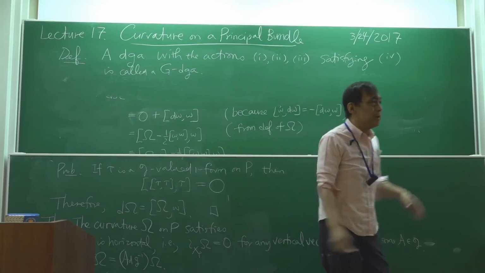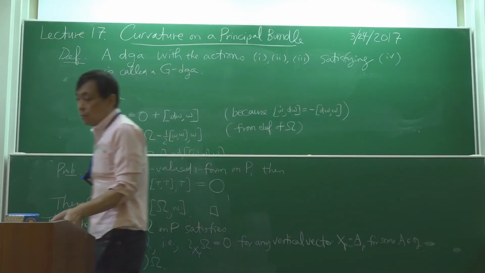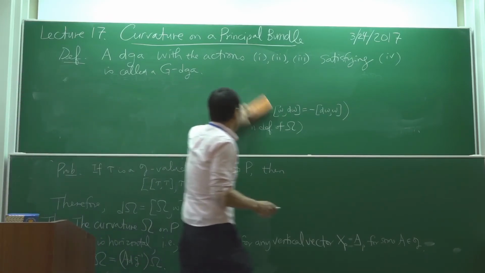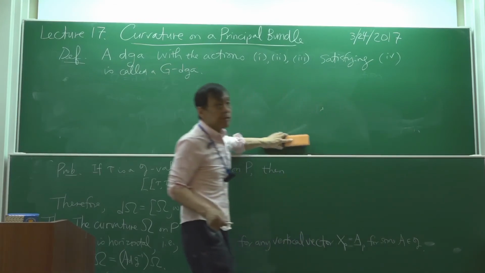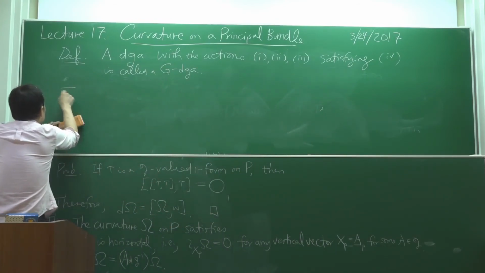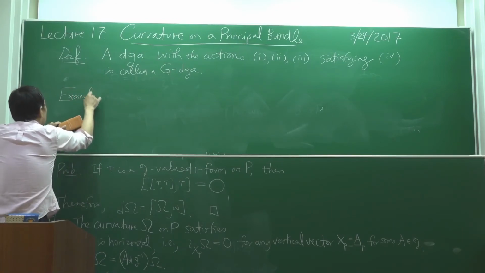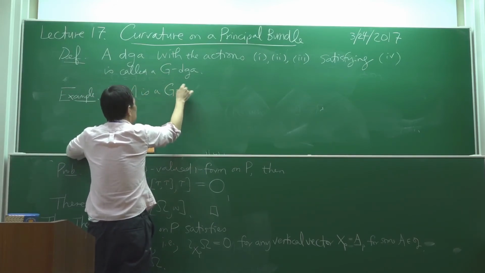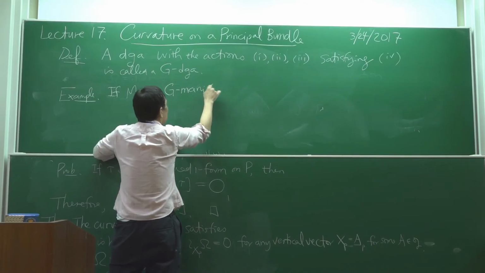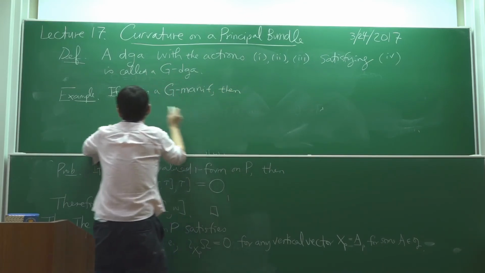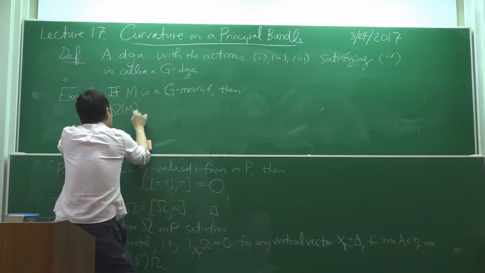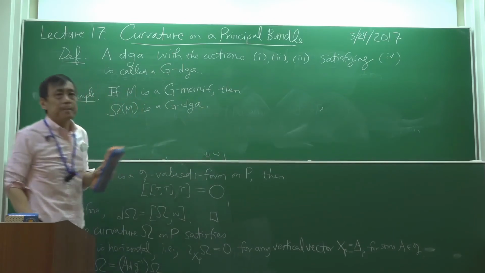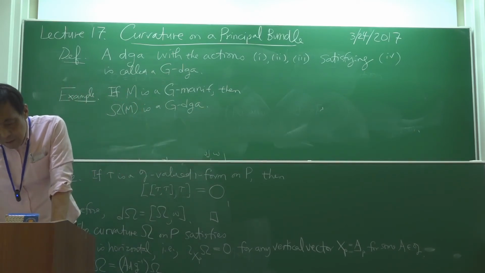So the first example is that any manifold with a group action will have a de Rham complex that's a G differential graded algebra. If M is a G manifold, then omega M is a G differential graded algebra.